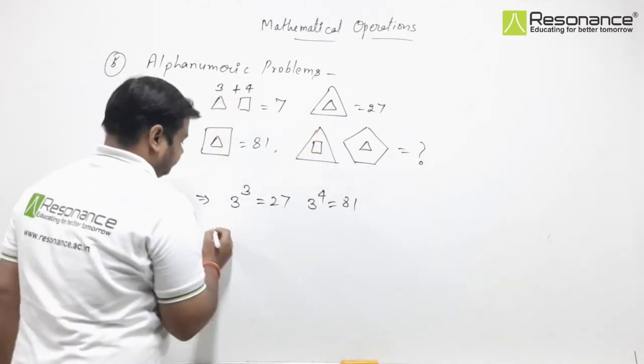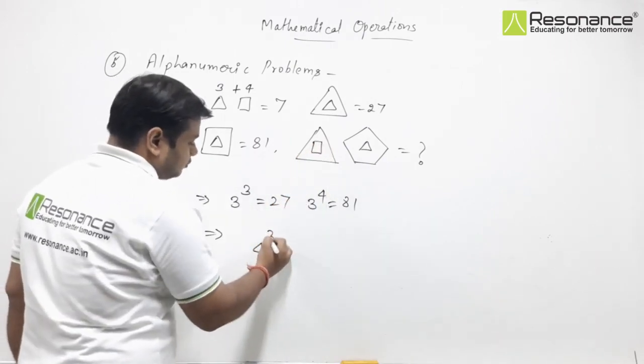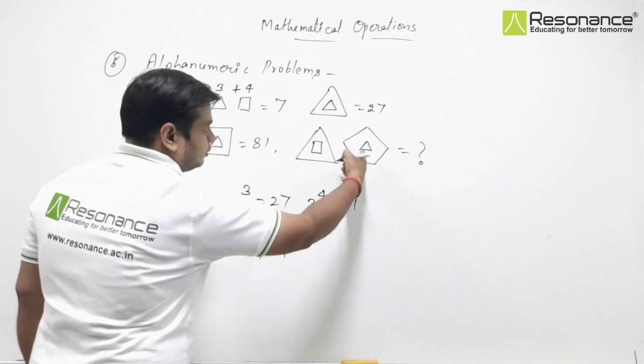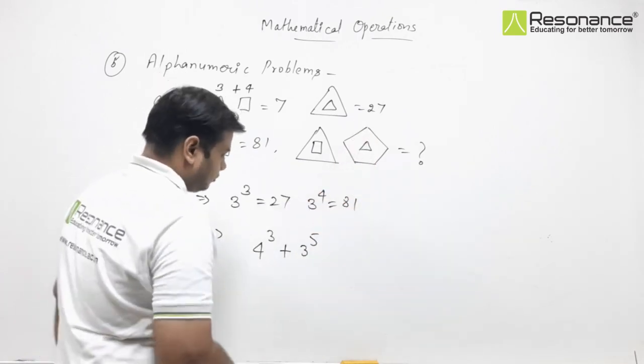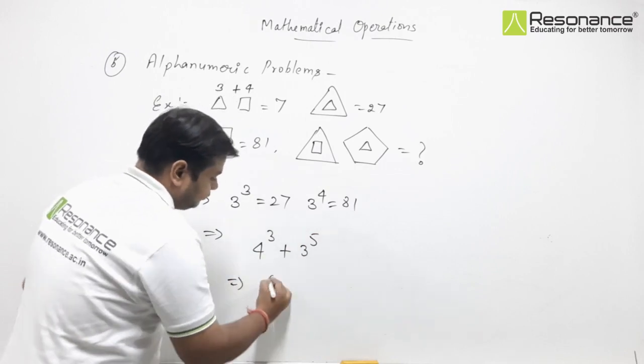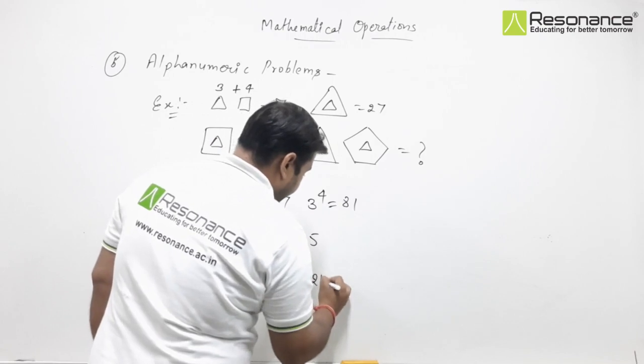So triangle over square means 4 power 3, plus pentagon over triangle means 3 power 5. So it will give us 64 plus 3 power 5, which is 243.